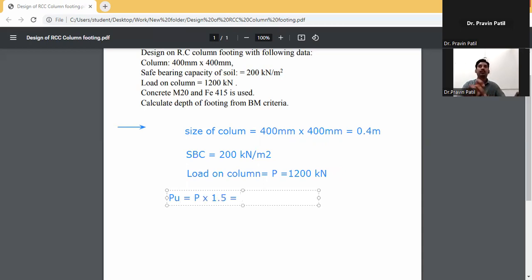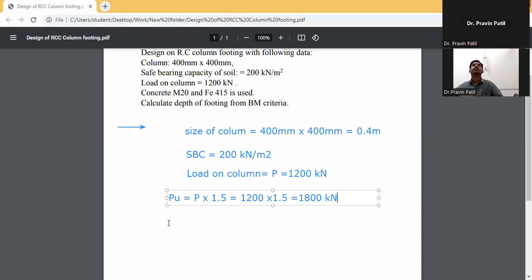So it is 1200 into 1.5, it will be 1800 kilonewton.